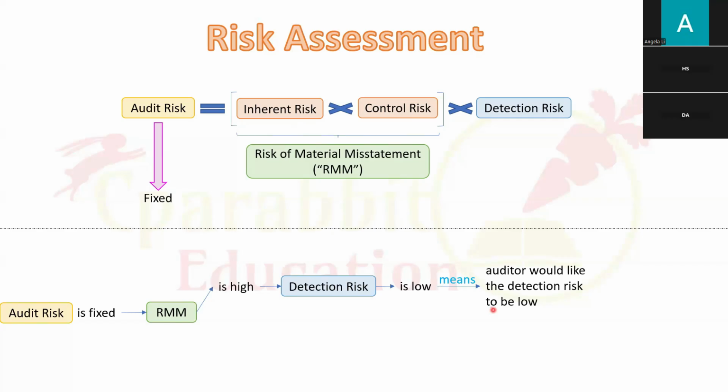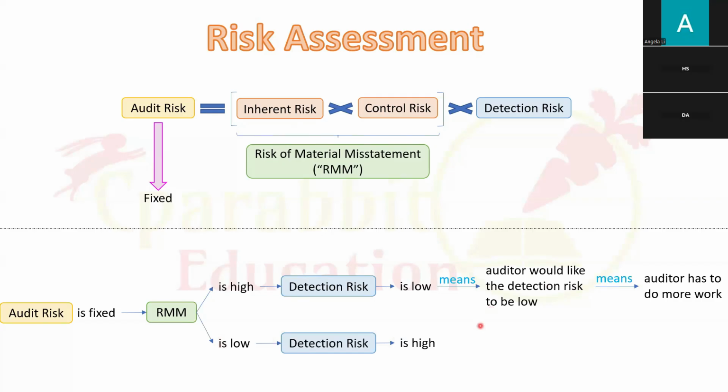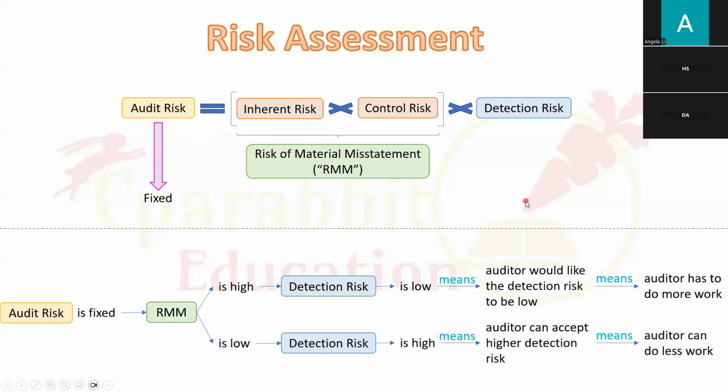RMM is high, that means the auditor would like the detection risk to be low, so the auditor has to do more work. Makes sense. And then if the RMM is low, then the detection risk must be high because audit risk is fixed. Then that means the auditor can accept a higher detection risk, which means the auditor can do less work for this audit engagement. That makes sense, right?